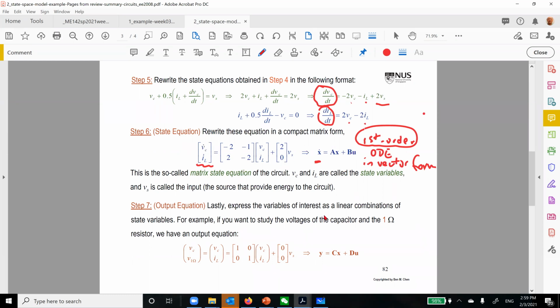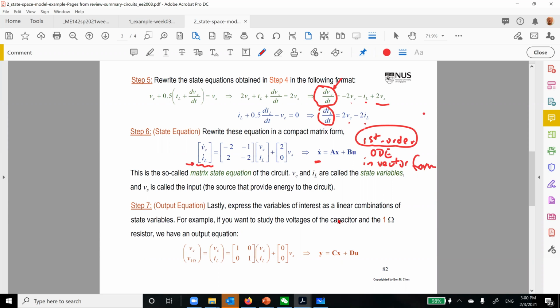Then we already decided what my state variables are. The across variable of an A type element, C is A type. IL is the through variable of a T type storage component. So this is called the state equation, how the state evolves over time.